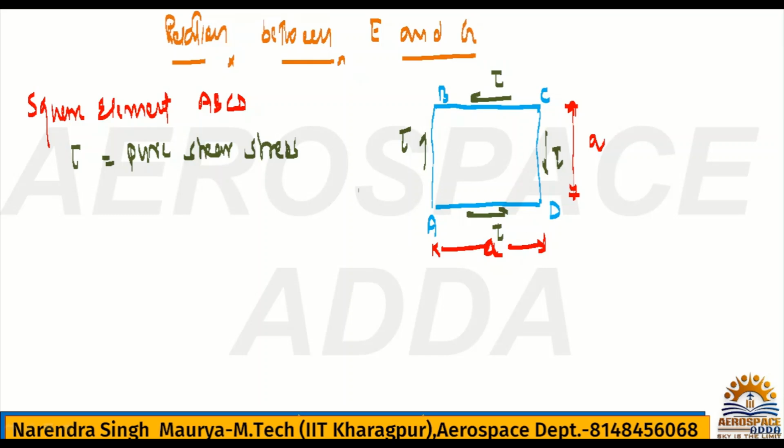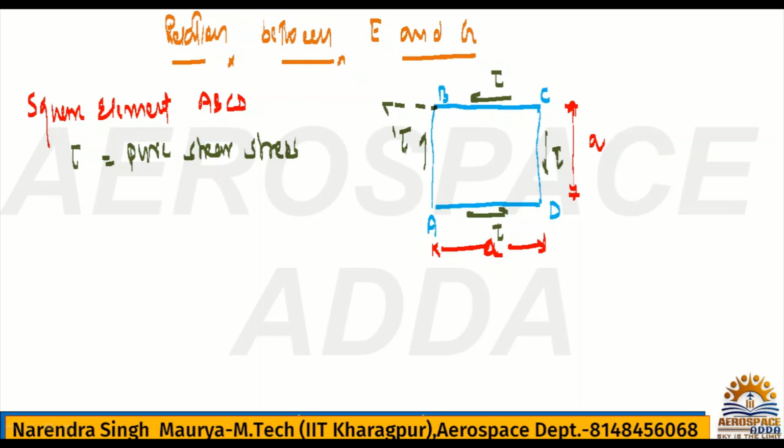Obviously the surface will be deformed. This element ABCD will be deformed, and once it is deformed, how does it look? Because you have shown the direction of shear stress in this way, obviously this body will be deformed in this direction. See, in this direction the body is deforming, right?